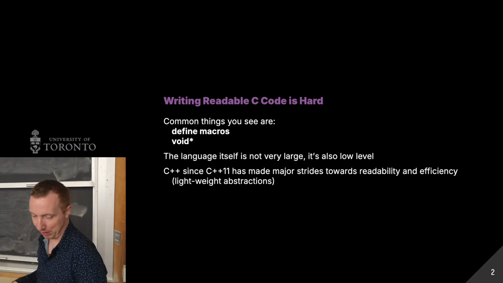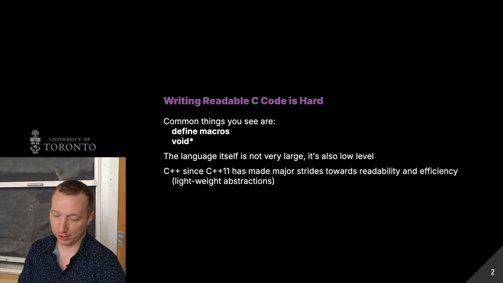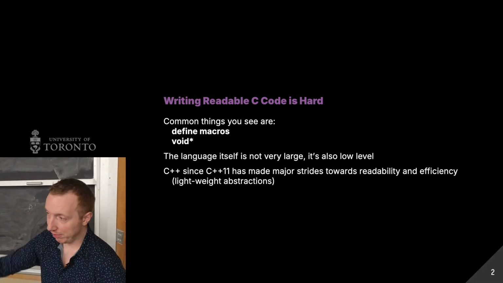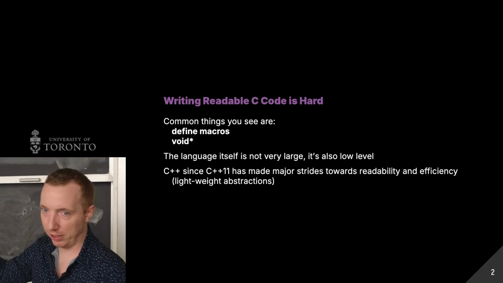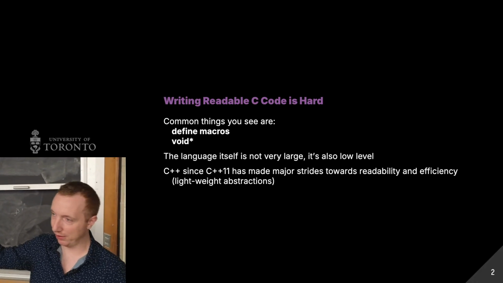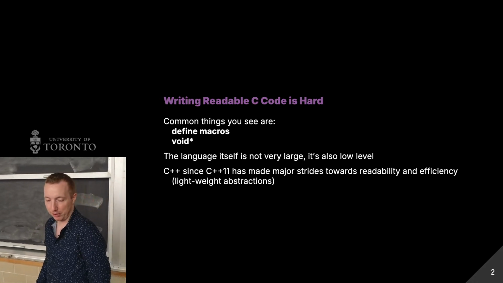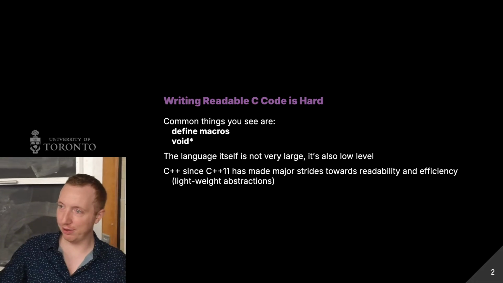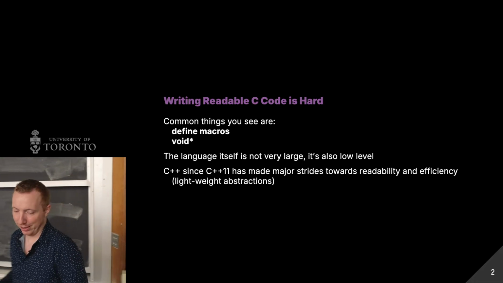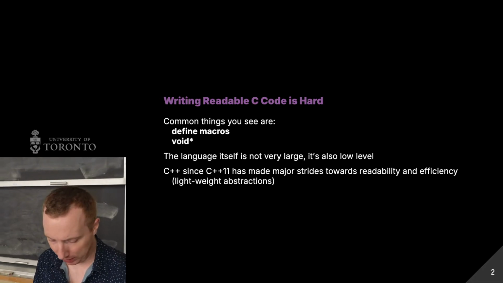Yeah, people do that all the time because C is actually a fairly simple language. And then void star all over the place, and you have to figure out what type it is just by guessing and typecasting, and it's all fairly bad stuff. But the language itself is not very large, also low level, whatever that means. It's supposed to be kind of portable assembly, not really.